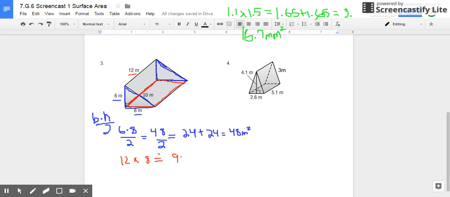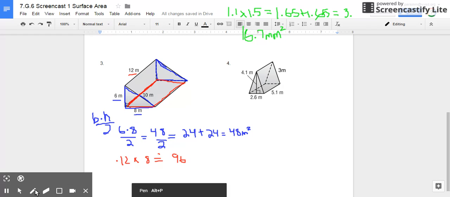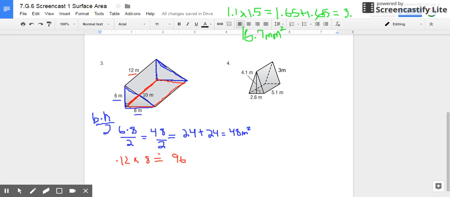With a triangular prism, you do have to be careful because not all sides may be the same. So let's do all of these separately. So I'm going to use a different color. Let's use green. And I'm going to highlight this back part of the rectangle that we didn't do yet.